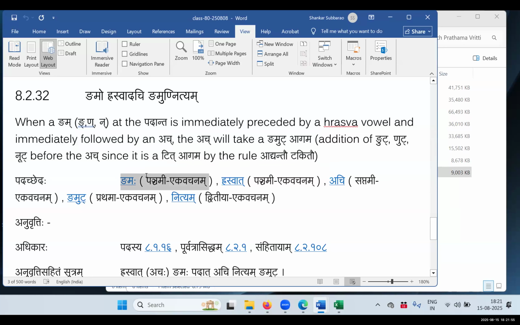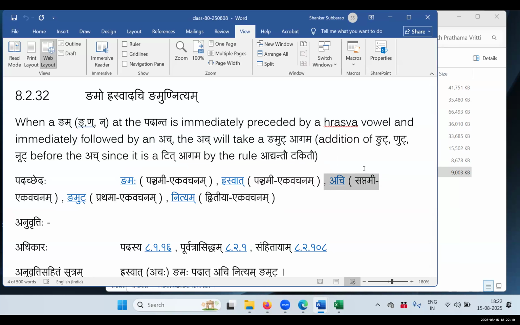Okay? Ngamaha, hrasvat ngamaha, achi, ach follows. Is there anything in sixth case? No. There's nothing in sixth case here. Therefore, what is sthani? When you have only seventh case, then whatever precedes will become the sthani. If you have only fifth case, what follows will become the sthani.